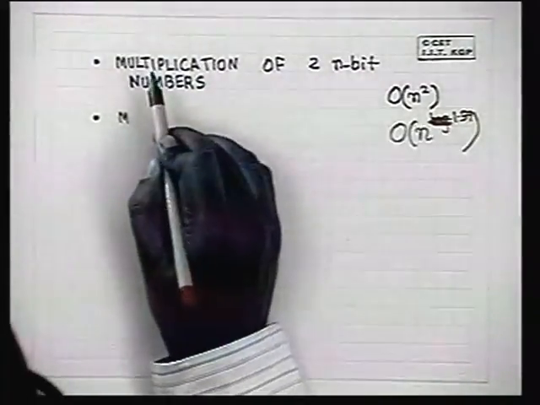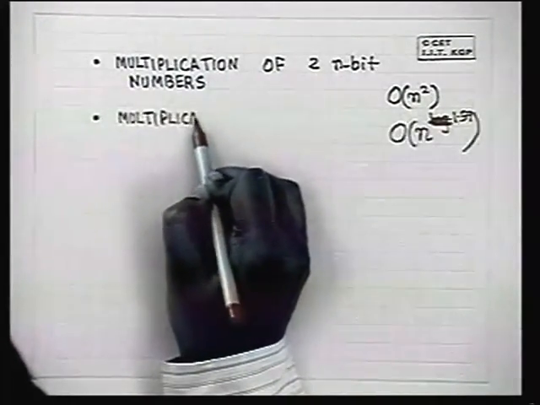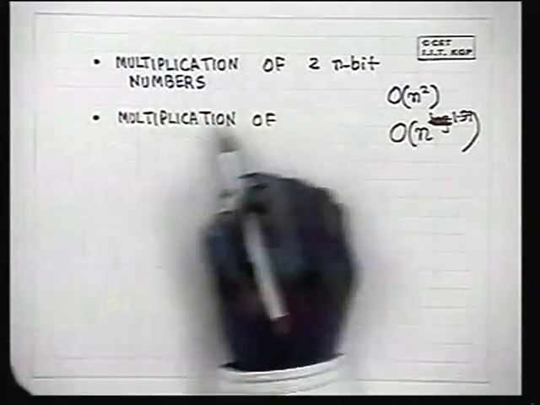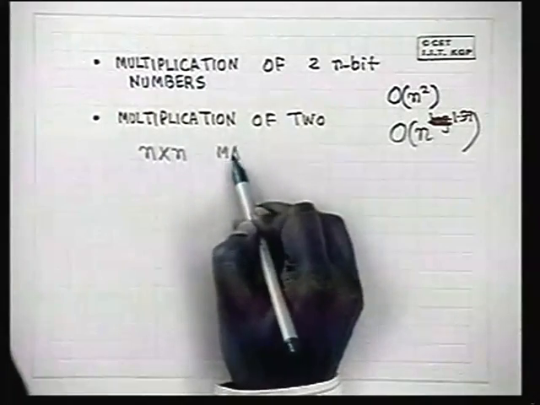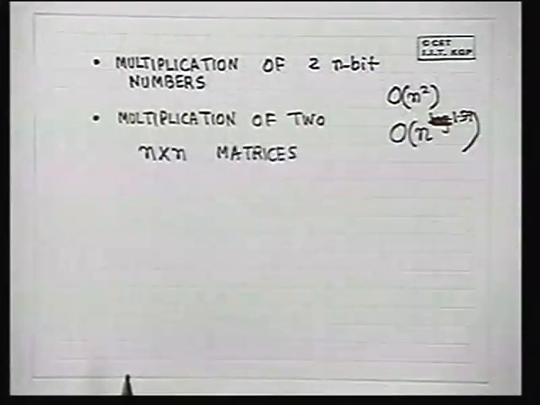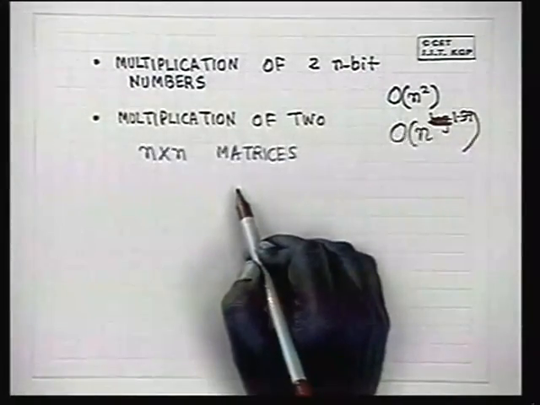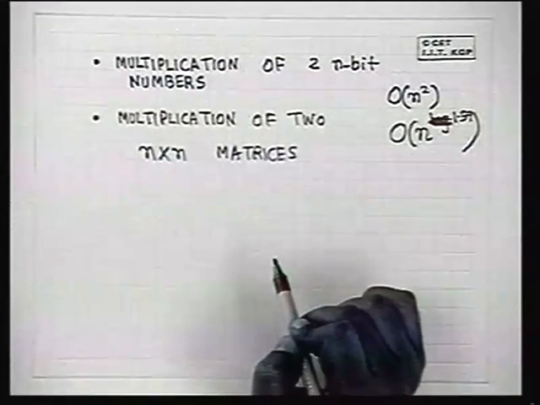Secondly, in a very similar vein, multiplication of 2 n by n matrices. Normally we could do it in how much time? How many individual multiplications would you require and additions?